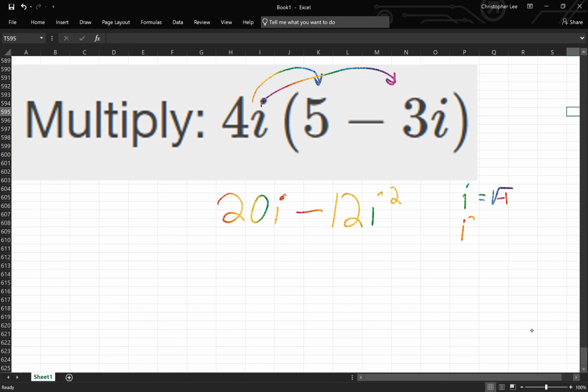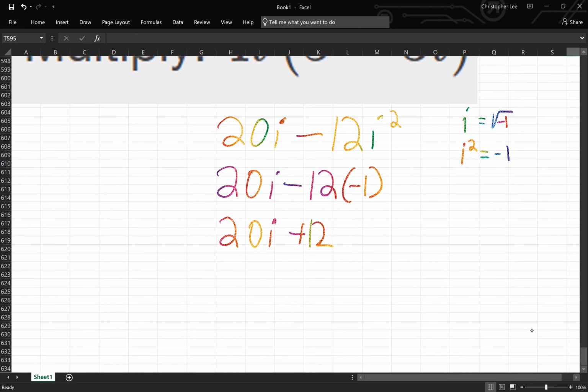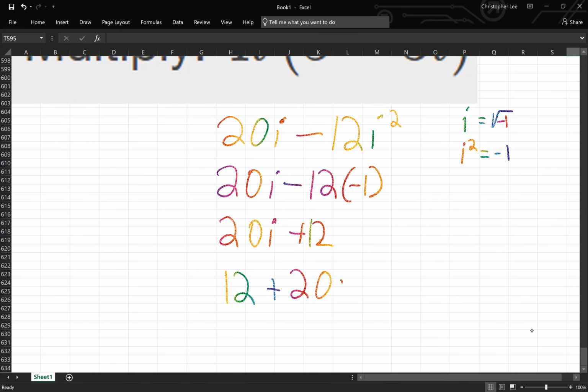We said that i squared is equal to -1, so this becomes 20i minus 12 times -1. A negative times a negative is a positive, so 20i plus 12. But I want this in standard form, so it's 12 plus 20i.